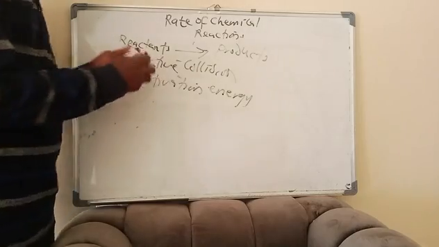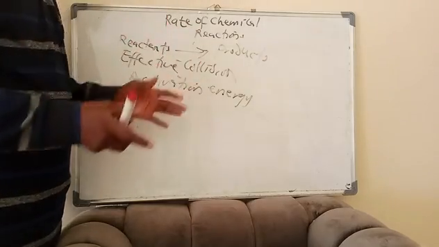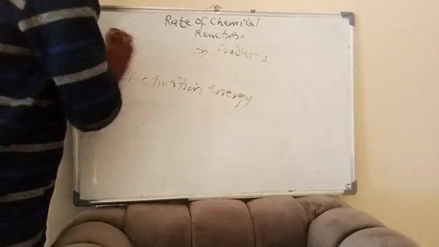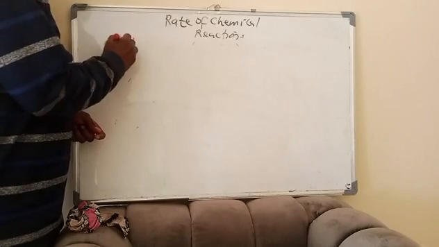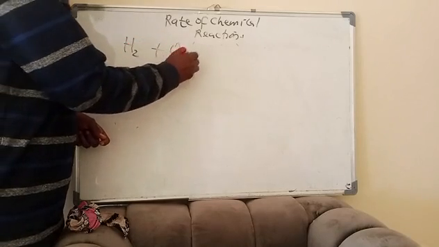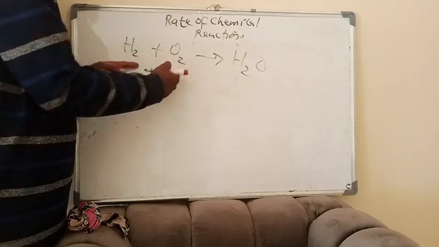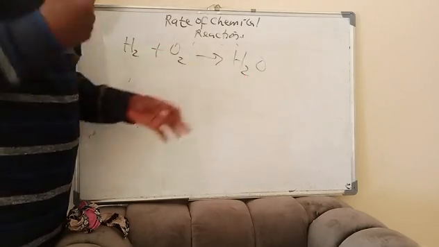Like I've mentioned, the chemical substances that come together to undergo the chemical reaction are called reactants. Then what they form is called the product. For example, when we have hydrogen gas reacting with oxygen, giving water, hydrogen and oxygen are both reactants, and this is the product.